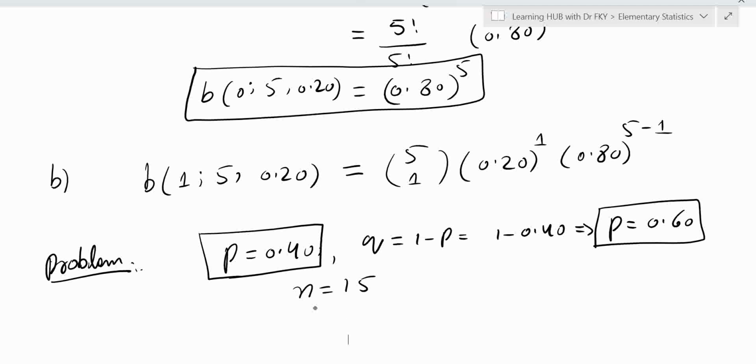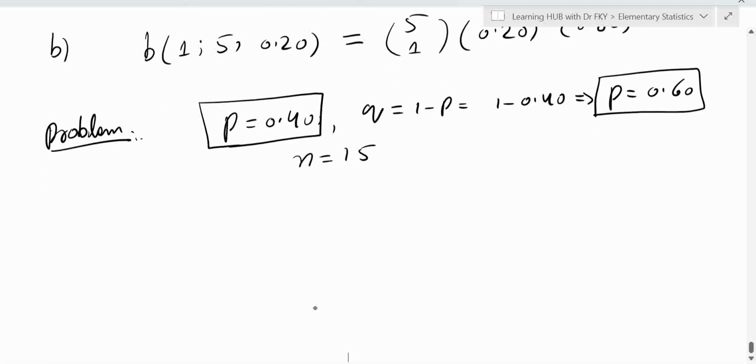And now there are different questions for which we need to calculate the probability.